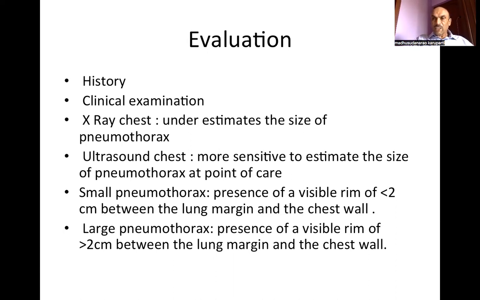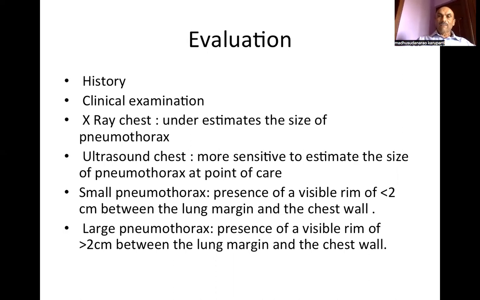There could be mediastinal shift, the apex is shifted to the opposite side. If there is right-sided pneumothorax, the apex is shifted laterally. The tracheal shift is to the opposite side, and there is hyperresonant note with absent breath sounds on the side of the lesion.